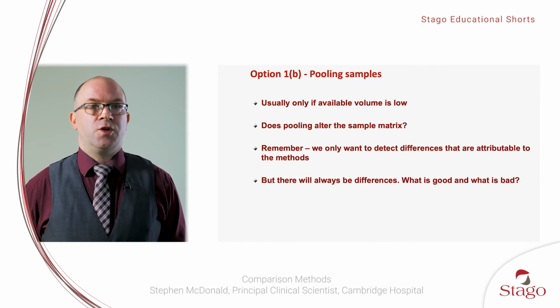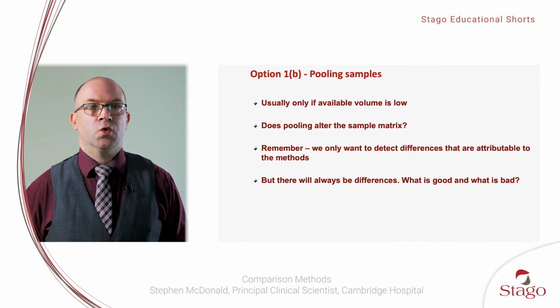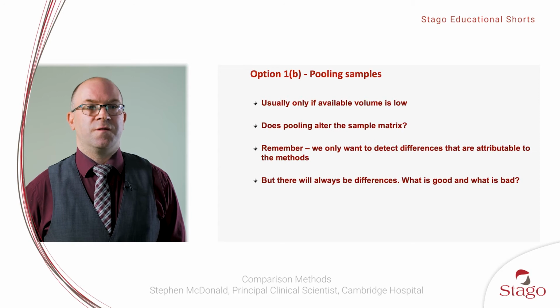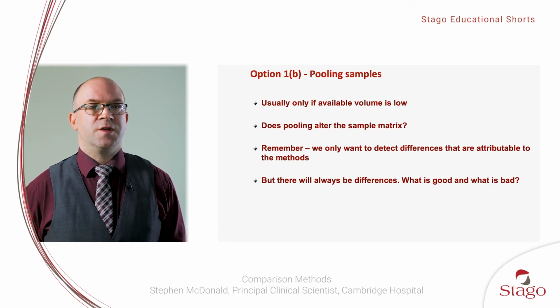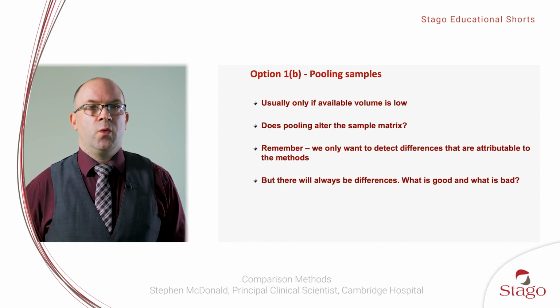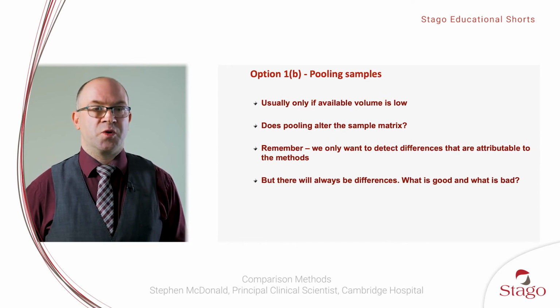If samples are in short supply, we could pool samples, but again, a note of caution: this should only be done if the availability of the samples is very low, and we have to be careful that pooling of the samples doesn't affect the sample matrix. And really, that's something that we have to be very, very careful about. We now know that we have to run these comparability tests prospectively.